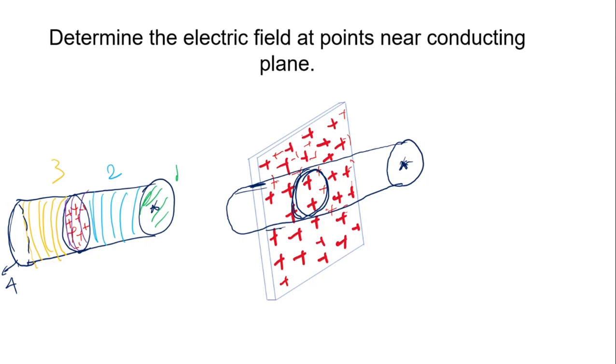Once I find the electric flux of each area, the sum of these electric fluxes is the total electric flux. Now we are going to use Gauss's law.